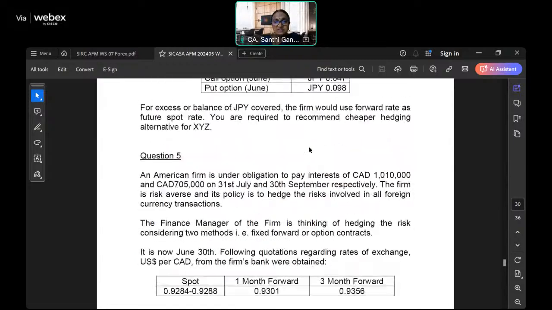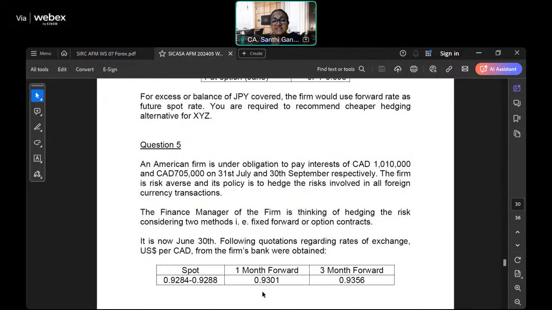We will come to option a little later. First, let us complete forward. What do you get for forward? It's the US point of view, it's a direct quote because only the US dollar is changing. For 1 Canadian dollar, the price is given. So it is a direct quote.